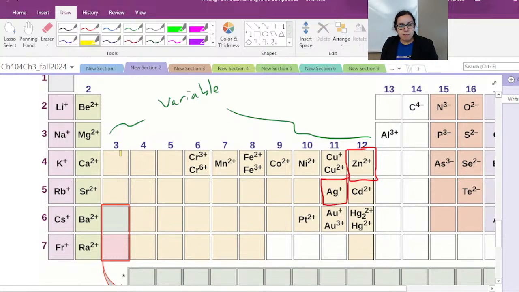Everything else in our transition metals, like iron, is listed here as having 2 and 3, but it could be 1, it could be 4, so iron can take other oxidation states. All these other metals, they just didn't list them.